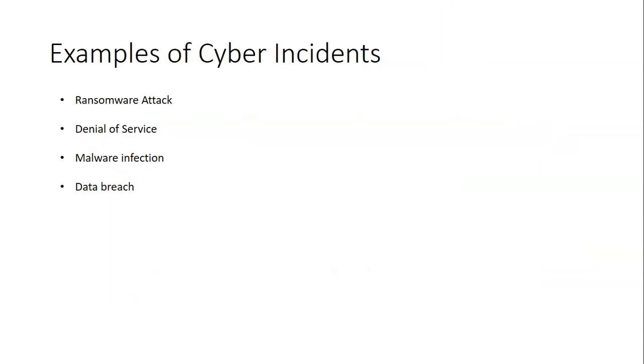So, examples of cyber incidents. What if there's a ransomware attack now, and a couple of your servers, workstations, and databases have been infected with ransomware and encrypted? Ransomware usually uses AES 256 grade encryption.